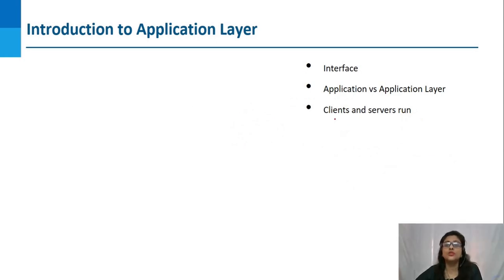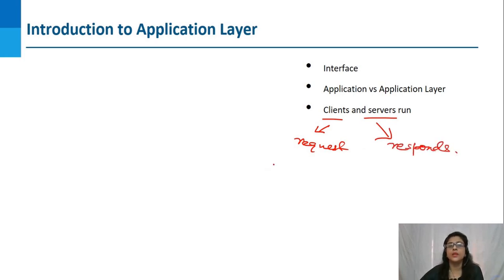After that come two important terms in connection with the application layer, and these terms are the clients and the servers. In order to fetch the web documents, the clients make a request to the server and the server responds. Basically, the client uses the browser software to make a request for any web documents.